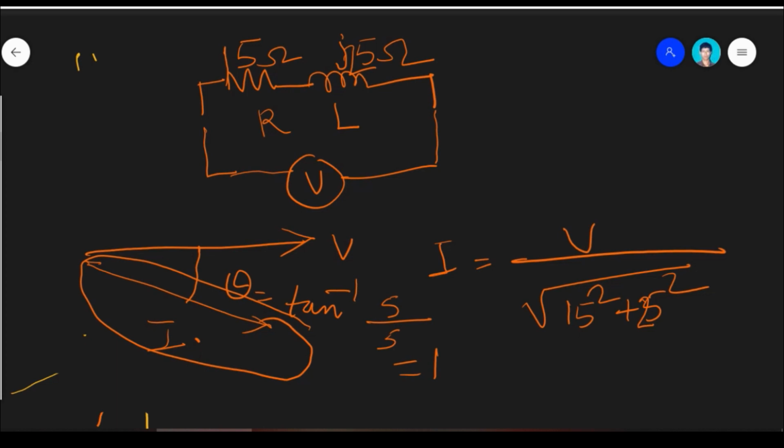And accordingly, if R and L are both varying at a constant proportion, like if previously it was 5 ohm and your inductive resistance was 5 ohm, and in your next observation you found both of them have become 15 ohm, then that is okay, that is good.